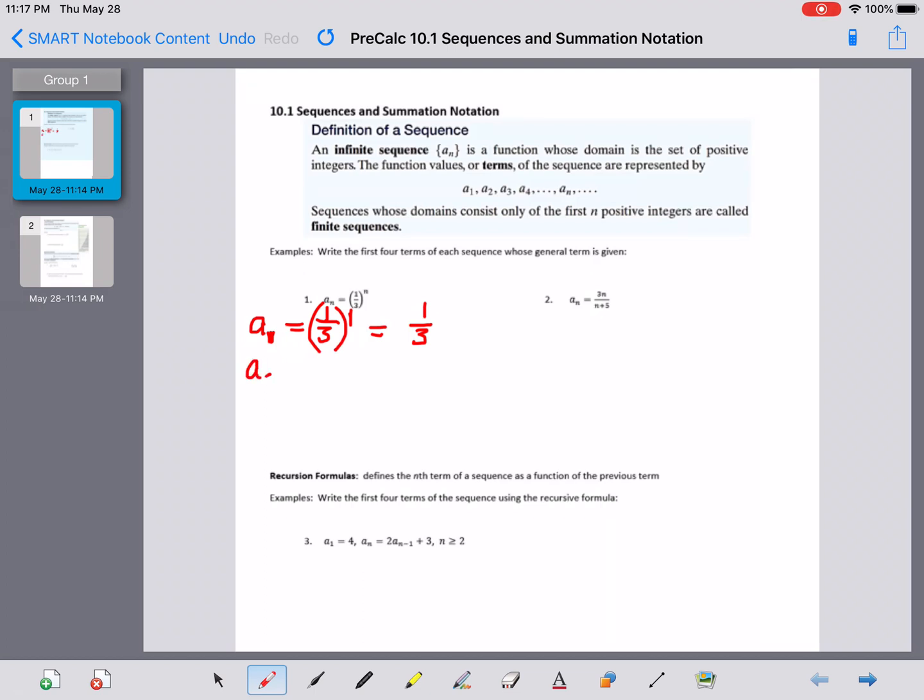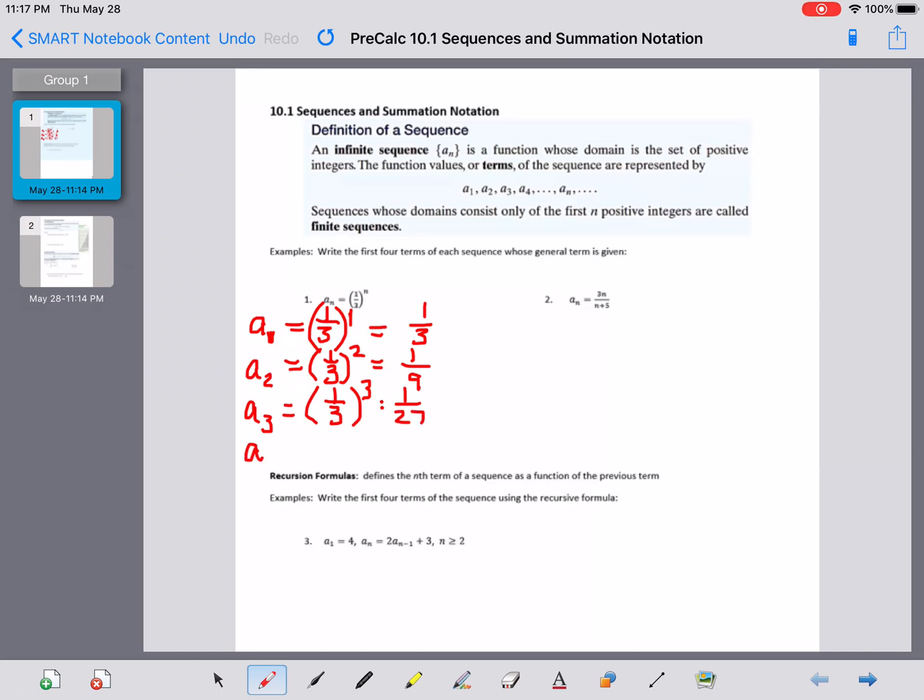My a sub 2 means my second term, and I get 1/3 to the second power. 1 to the second power is 1, 3 to the second power is 9. My a sub 3 is my third term of my sequence, so I have 1/3 to the third power. So 1 times 1 times 1 is 1, and 3 times 3 times 3 is 27.